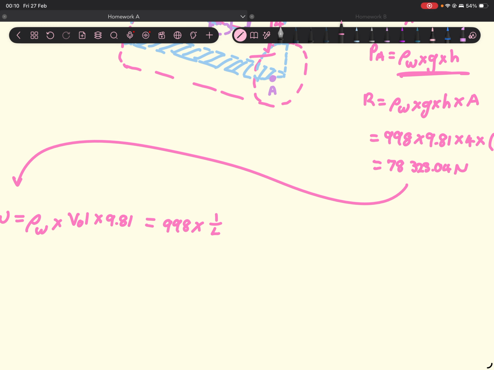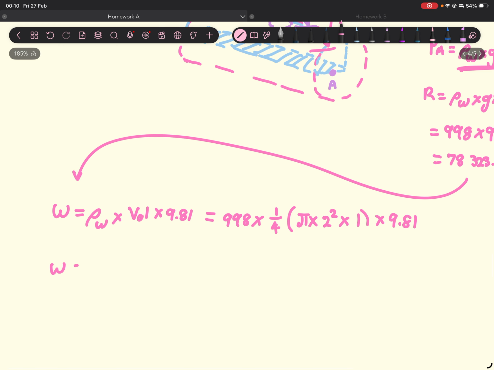So 1/4 times the volume of a cylinder. Volume of a cylinder is pi times r squared, so pi 2 squared times the length, which is 1 meter. Okay, and then times 9.81.